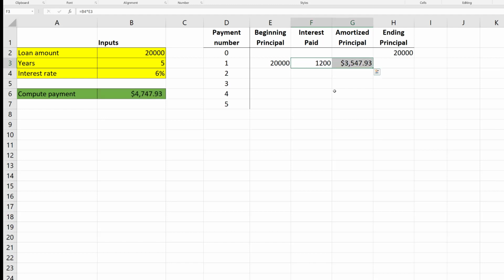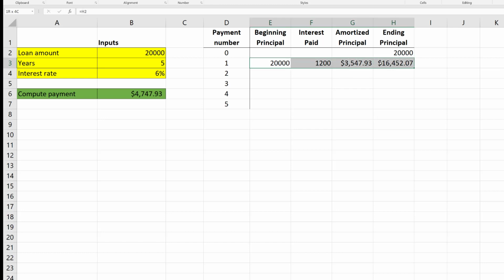These two numbers will always sum to the payment amount. And then at the end of the period, we can take the beginning principal, subtract the amortized principal, and get the ending principal balance. After the first payment is made, this number here, $16,452.07, is the payoff amount for the loan.